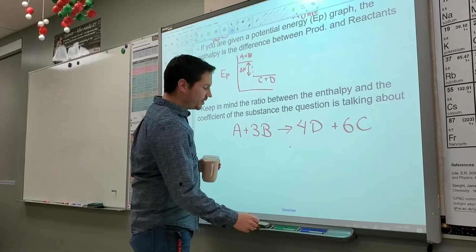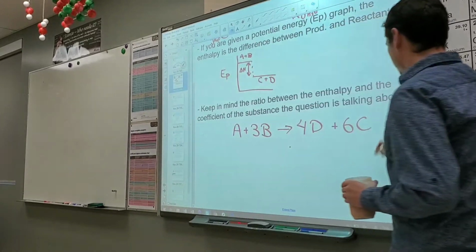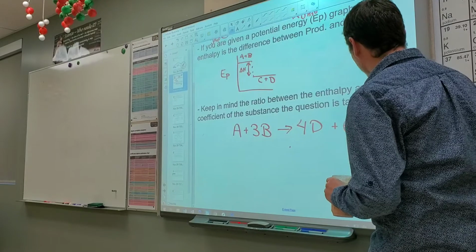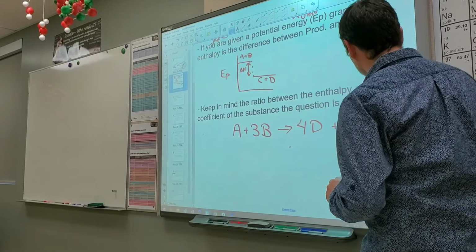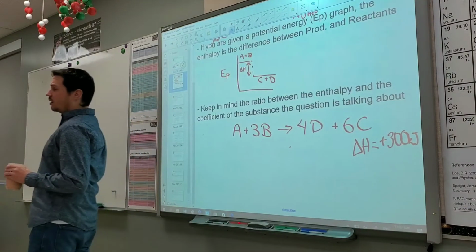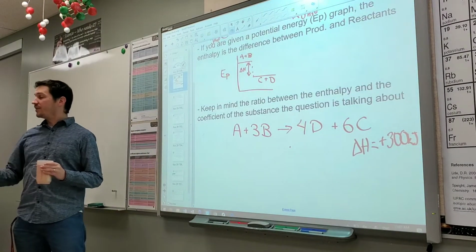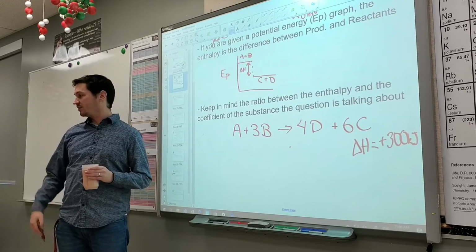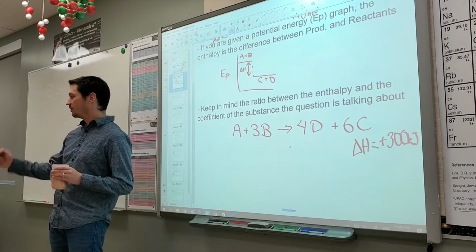Let's say the enthalpy for this reaction was positive 300 kilojoules. What's the molar enthalpy of this reaction from B's perspective? What's the molar enthalpy of B here?